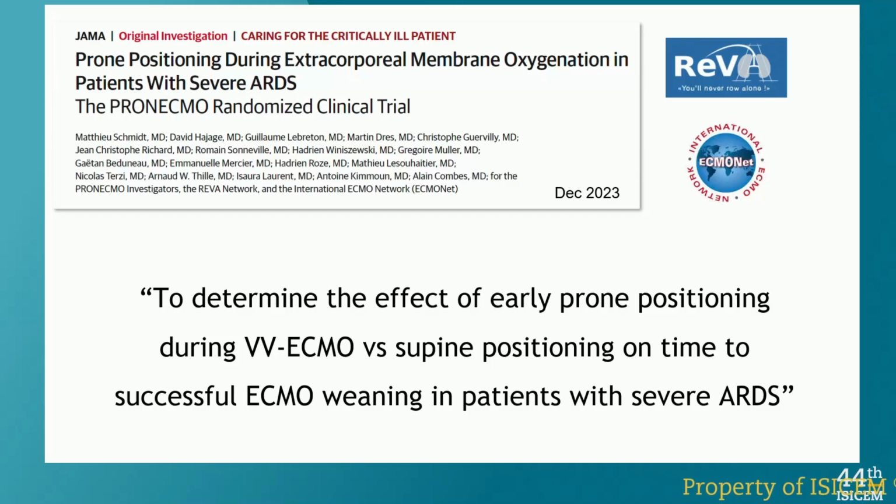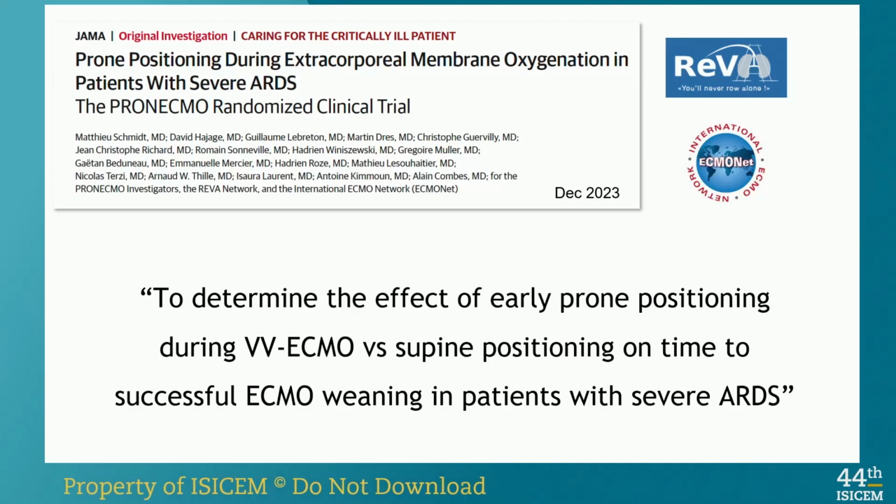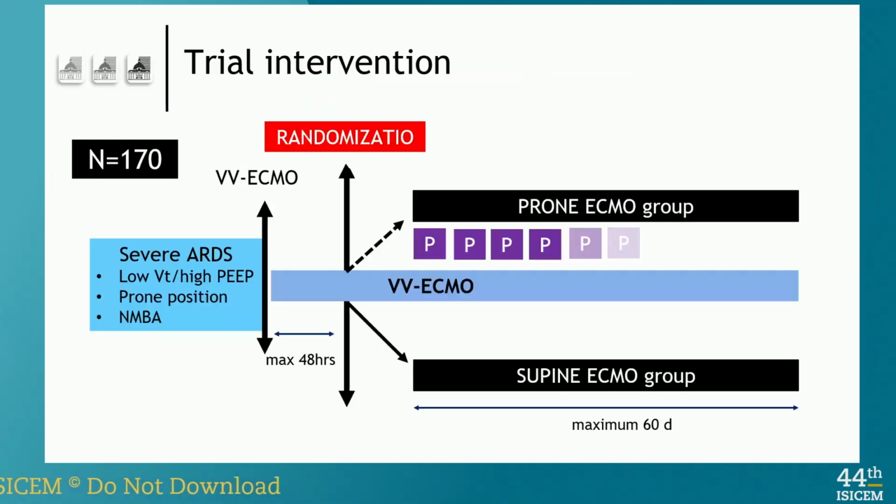The PRONE ECMO trial was the first RCT in this field. The idea was to determine the effect of early prone positioning during VV ECMO versus supine positioning on time to successful ECMO weaning in patients with severe ARDS. Patients were on VV ECMO, whatever the reason, but we strictly told participants to follow the guidelines, especially the European guidelines.